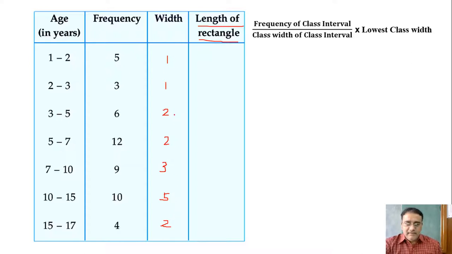1, sir. Okay. So according to the formula, frequency upon the class width of the class interval is 1 into lowest, which is 1. So what are we getting for the first one? 5. Second one, frequency upon class width into the lowest class width: 3.